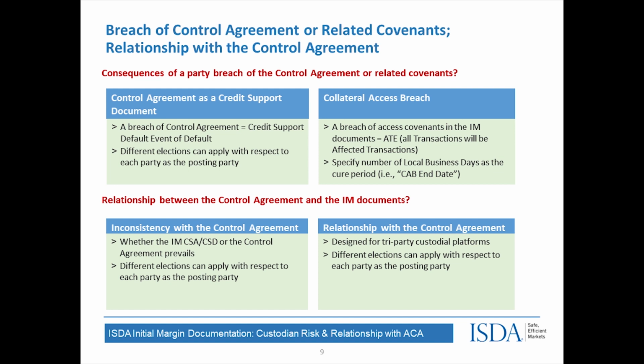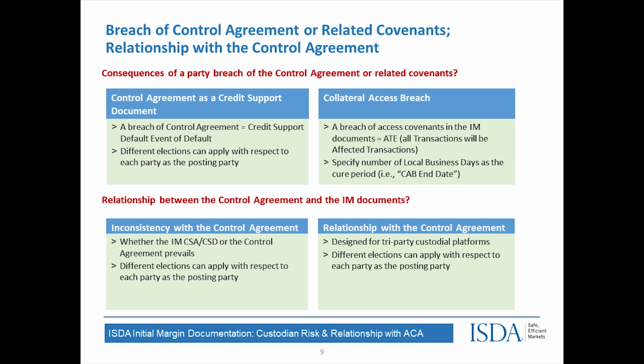Now, you might ask, what happens if I have different provisions in my control agreement than I have in the CSA, again, as to when I can access things or I can't access things, or how value is going to be measured. And the IMCSA allows for flexibility on that as well.